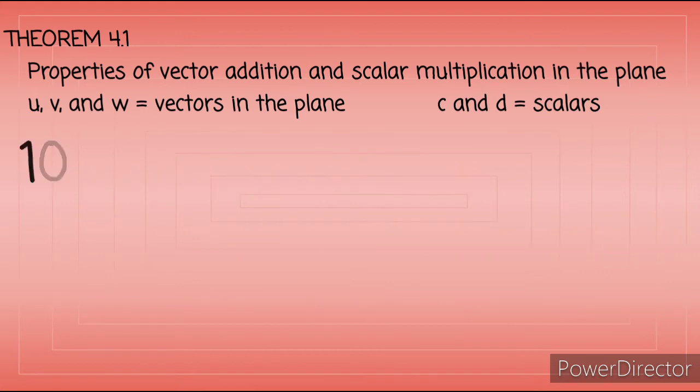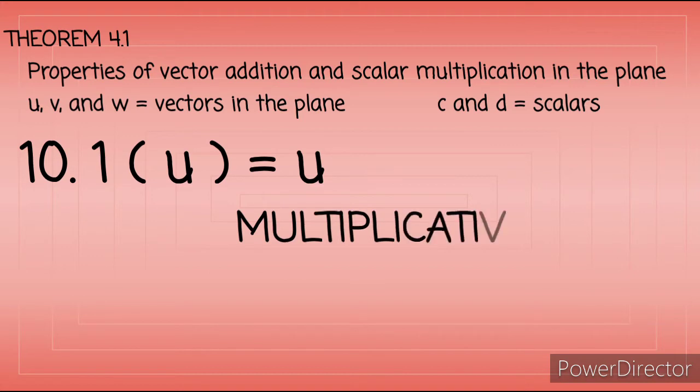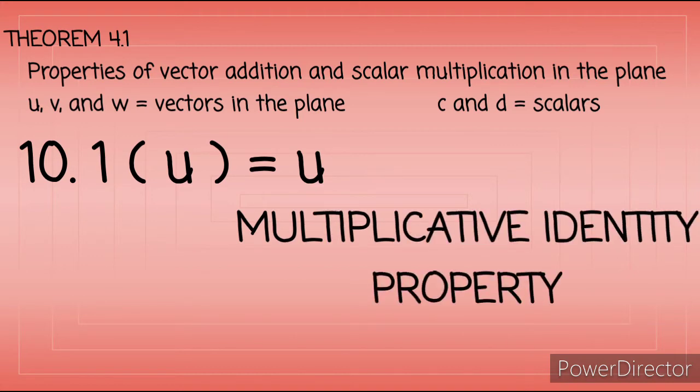And 10: 1u = u, multiplicative identity property.